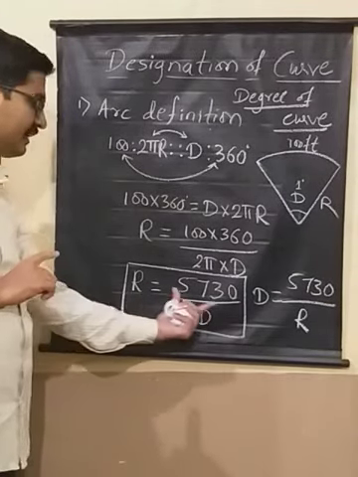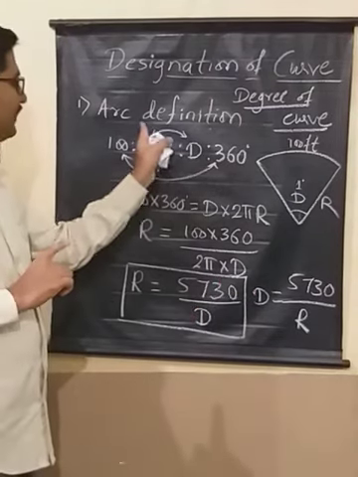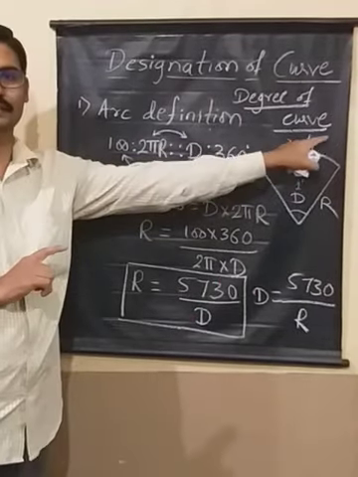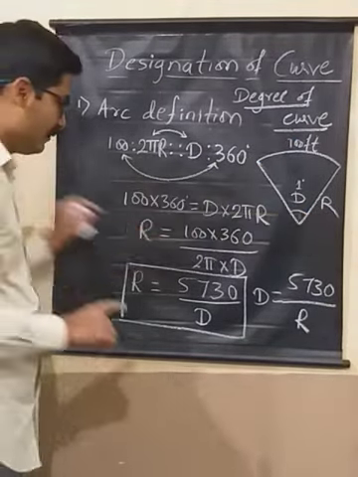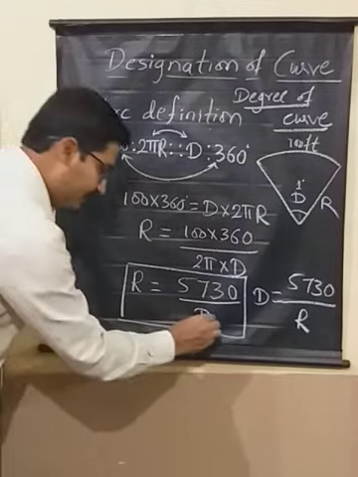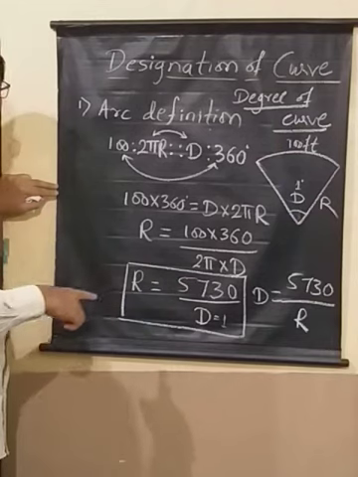It will be exactly 5730 feet, because it is the arc definition and this is in feet, so the radius will also be in feet.